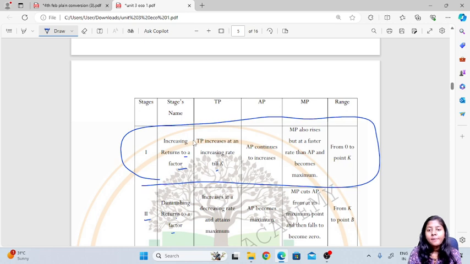Then AP continues to increase and MP also rises, but at a faster rate than average product, and becomes maximum.